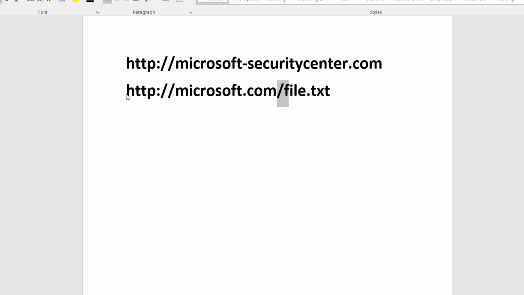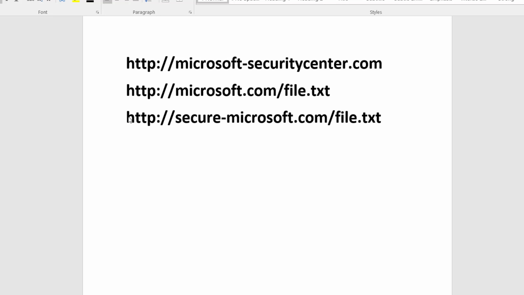Now what about what's following after? /file.txt is telling us that on the web server housing Microsoft.com, we are looking for the file named file.txt. This happens to be a legitimate type of URL.